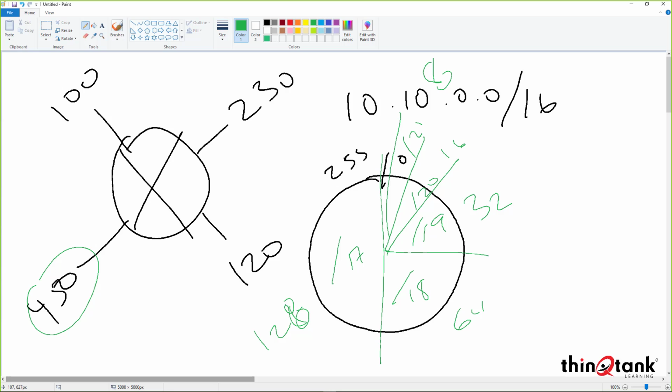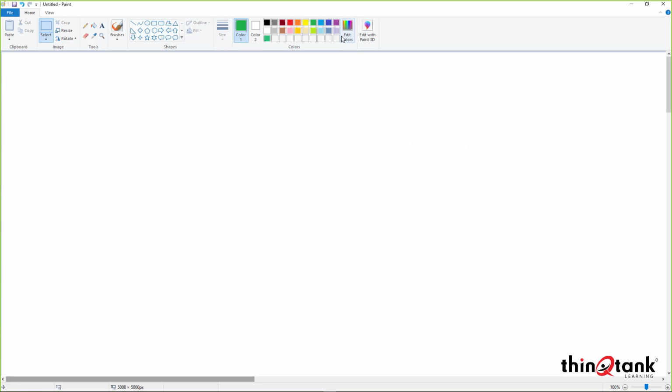So this is down to a block of 8, and then I would divide it again to a /22. That would be a block of 4. Divide those pieces again. You get the idea, right? And then all I would simply do, let me come up with an easier one to do, even though the concept is still the same.